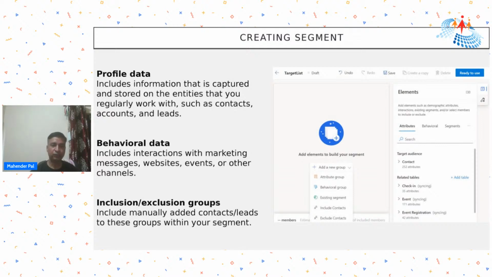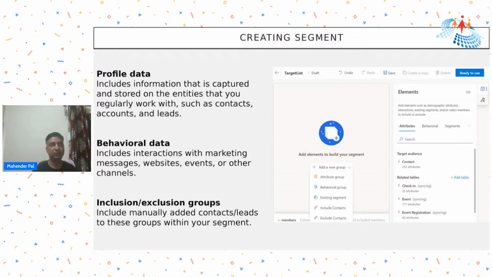We can use those fields to set up our conditions, or we can also use other kinds of behavior. For example, if we are using a marketing website or our website's contact us page, or we are doing some kind of event, whenever we capture the event registration, from that information we can create the segment, or we can use other channels.